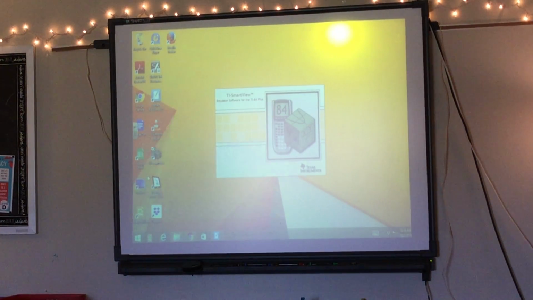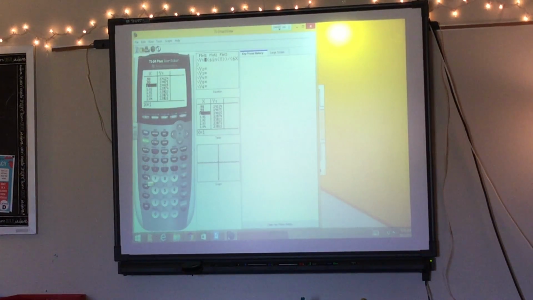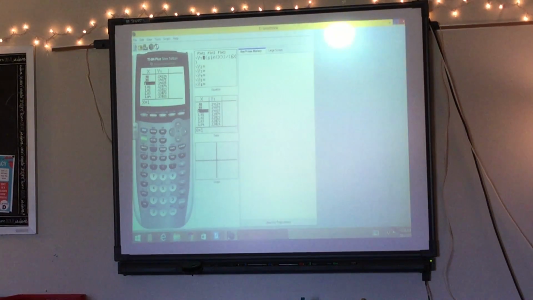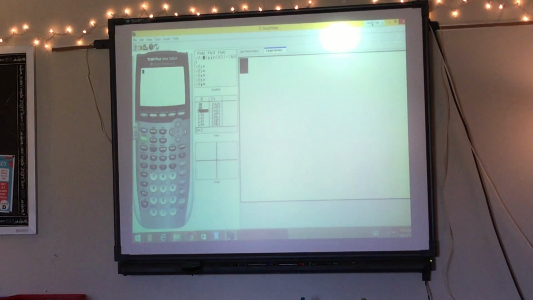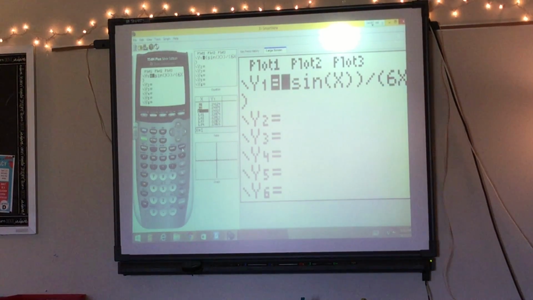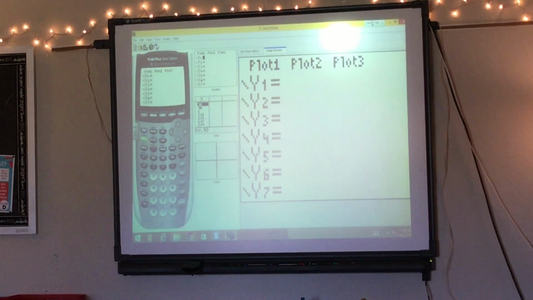And you can only find derivatives at a point on your calculator, okay? So let's find the derivative of a function.